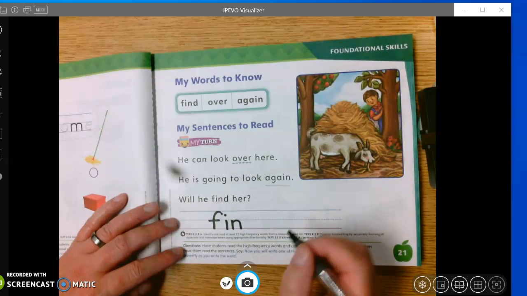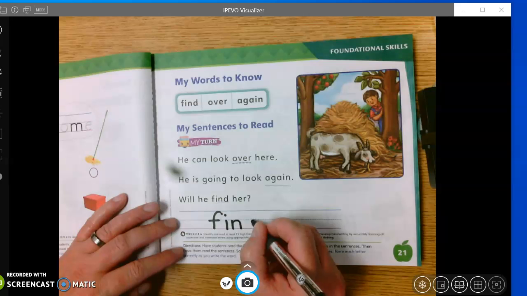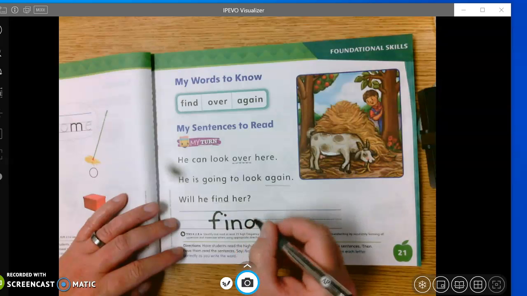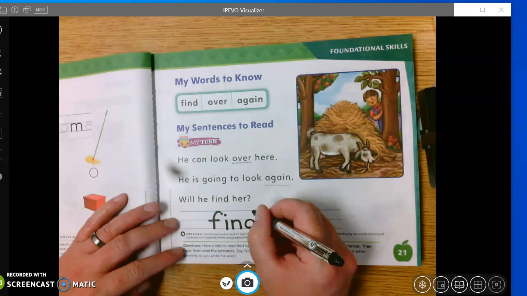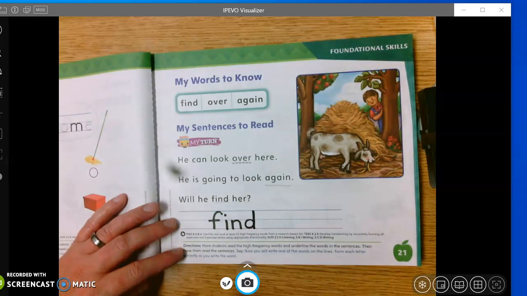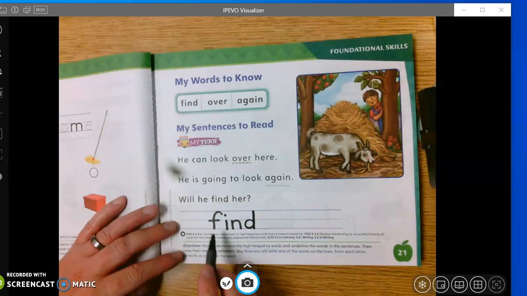The bubble goes this way. So we're going to start here and make a circle, you could go actually all the way around if you'd like, or some people just go to about here. But you can make a circle and then start at the top line, pull all the way through, down to the bottom line. F-I-N-D, find.